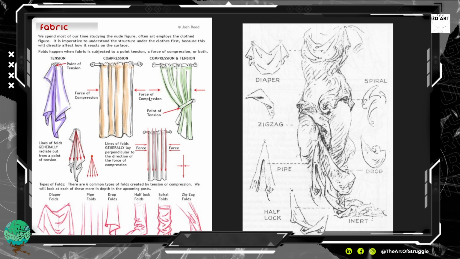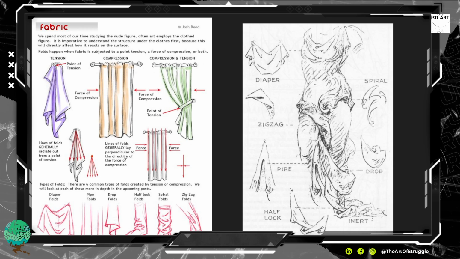So you've got the force of the compression, right? Because it's bunched up on this curtain rod, and then you have a point of tension, right? Imagine pulling it from one side. You're pulling it from this side right here, all right? So lines of folds generally radiate out from a point of tension, all right? You can see that. There's a point of tension, and then the lines and the folds usually generate themselves out of that, all right?